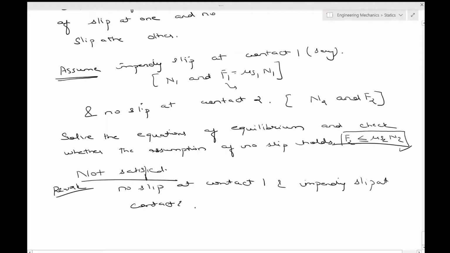That is where the difference comes in trying to solve a problem. If you take a guess, and two students, one of them assumes contact 1 is impending slip and the other assumes contact 2 is impending, they would clearly spend different amounts of time to get to the correct answer. But this is a part of how mechanics, or in general any good situation, is solved.